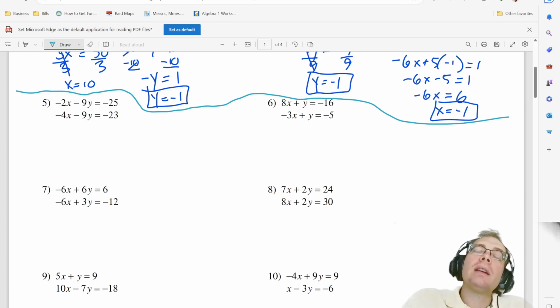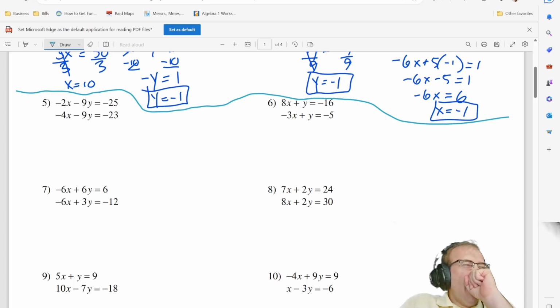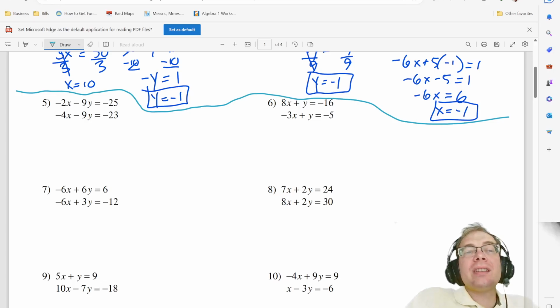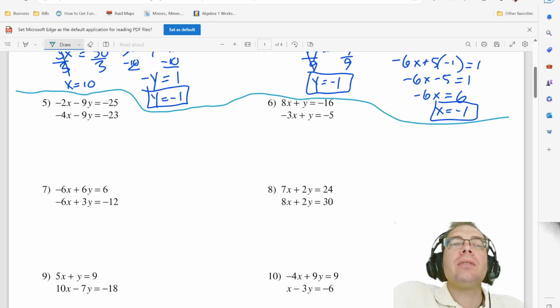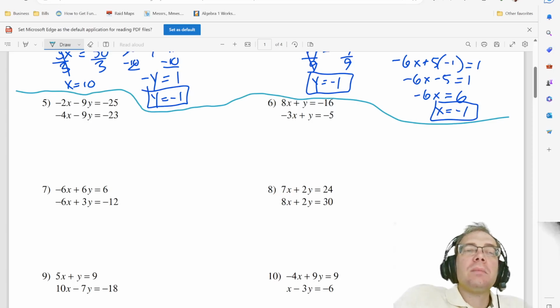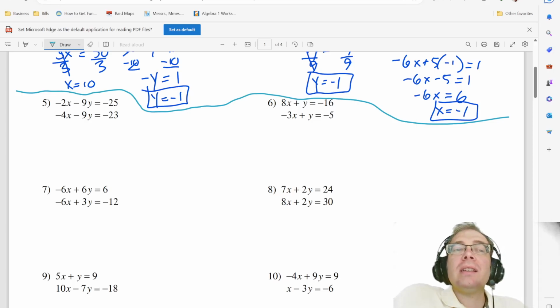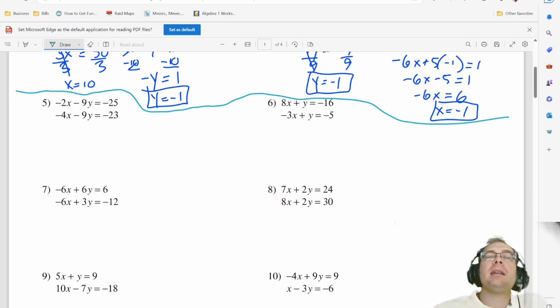The y's are, at least. Because the y's are the same, we're not too far away from having them be opposites. All we have to do then is, because they're both the same sign, I just need to take one of the equations, not both, just one, and multiply it by a negative.